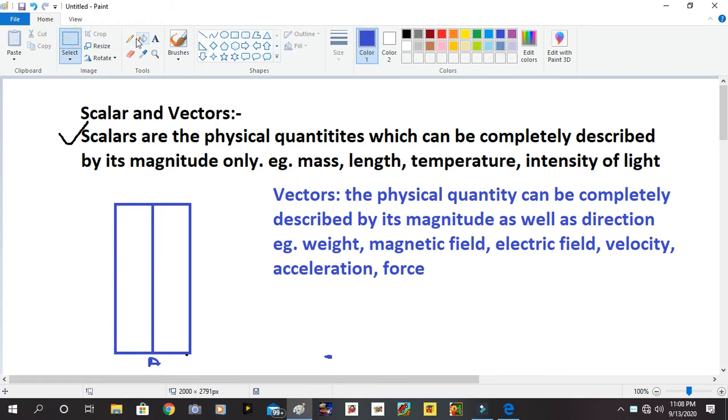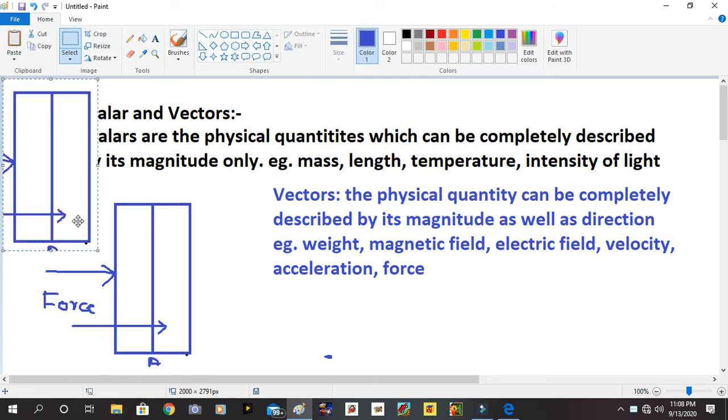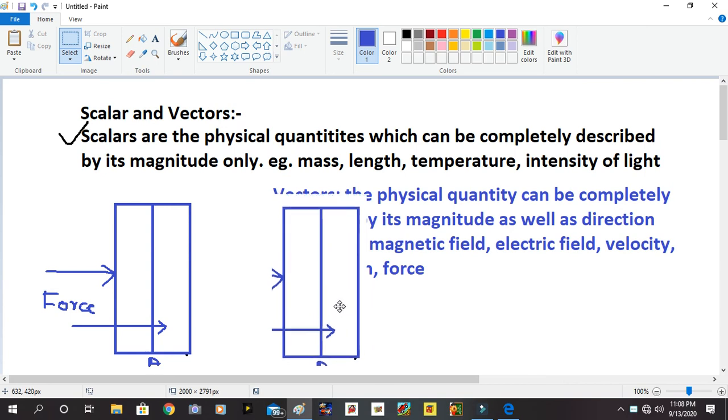Say I have started applying force by pushing the cupboard towards this side. Then I have to decide the direction. Here I should know the particular magnitude of force which I need there. But along with that, I should properly define the direction also. Otherwise, it would be quite difficult to move that cupboard from the expected location to the desired location.